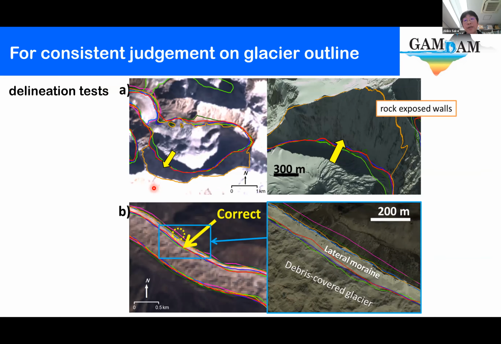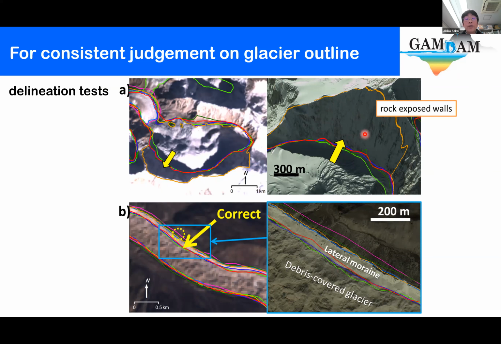First, delineation tests by different members were carried out at several locations in order to learn the correct digitizing. In the upper part, the glacier is surrounded by steep walls. One member's brown line included steep walls, but looking closely at Google Earth, rocks are exposed on the wall.